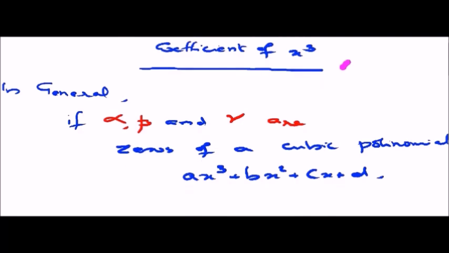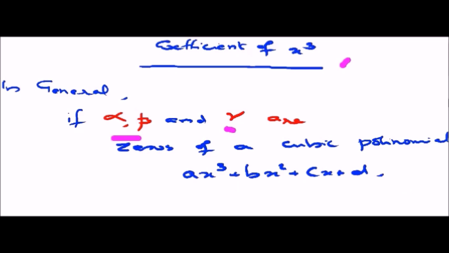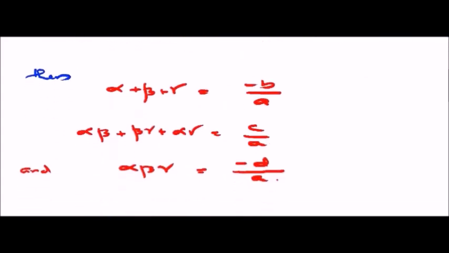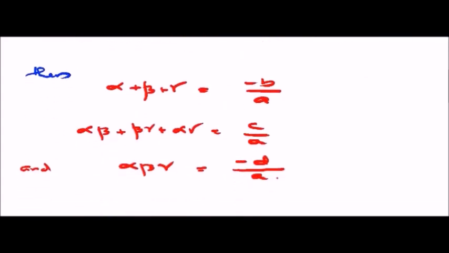So in general, alpha, beta and gamma are zeros of a cubic polynomial ax cube plus bx square plus cx plus d, where a not equal to 0. Then alpha plus beta plus gamma, that is sum of zeros, is equal to minus b by a.